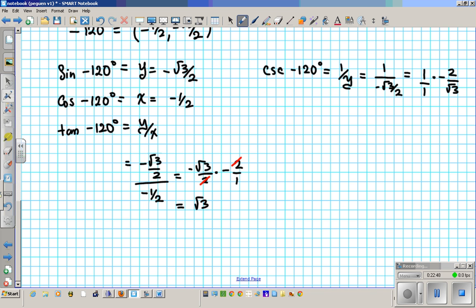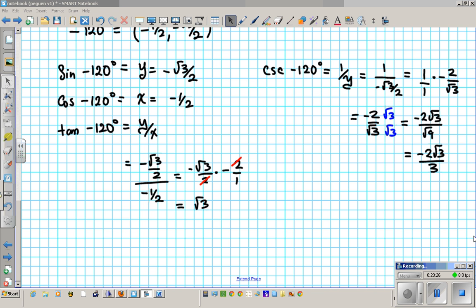Put this over 1 just to make both of them fractions and multiply across. You're going to have negative 2 over root 3. Now let's rationalize the denominator because you cannot have a square root in the denominator. So root 3 and root 3. Your answer is going to become negative 2 root 3 over root 9, which simply becomes negative 2 root 3 over 3. And there goes your answer for cosecant.